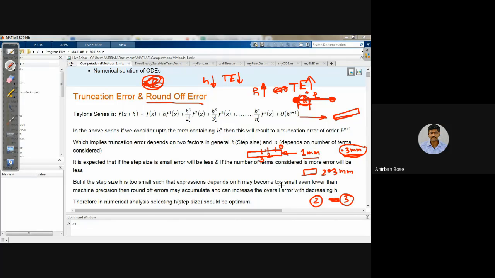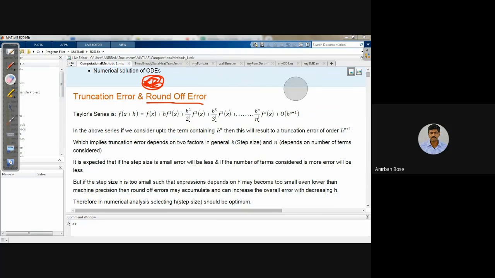The same thing also happens in the case of the computer machine. The computer also has a least count, which is called the machine precision.